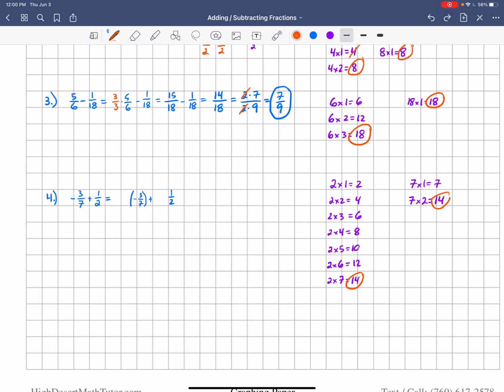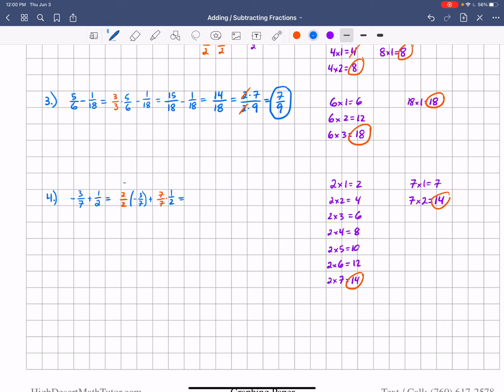We had to multiply 7 by 2. So the fraction that we're going to have to multiply negative 3/7 by is 2 divided by 2. Next, what did we have to multiply 2 by to get 14? And we had to multiply 2 by 7. So the fraction we're going to multiply 1/2 by is 7/7.